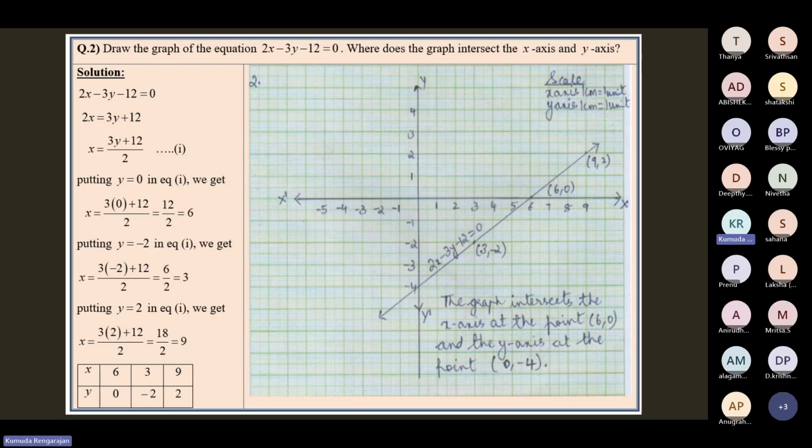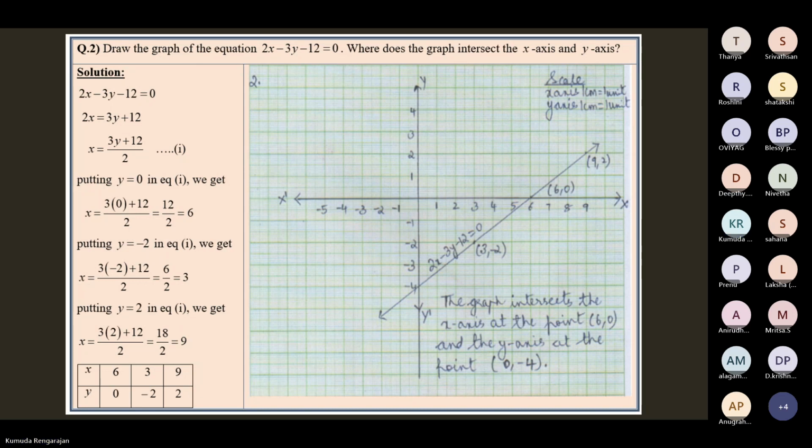Okay, so now you have seen that a linear equation in two variables x and y is represented by a straight line in the Cartesian plane, and since there are infinitely many points on a straight line, a linear equation in two variables x and y has infinitely many solutions, and every point on the straight line will satisfy the equation.